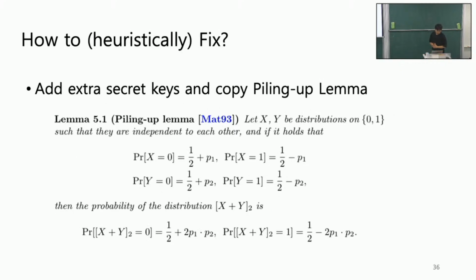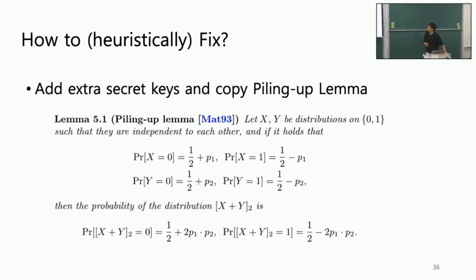Now I talk about how to fix the broken candidates without increasing parameters. The method is simple: add extra secret keys and copy the peeling lemma. The peeling lemma says that the summation of two independent distributions defined on the binary set makes scaling biases.